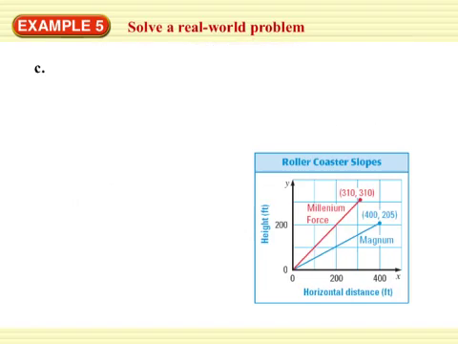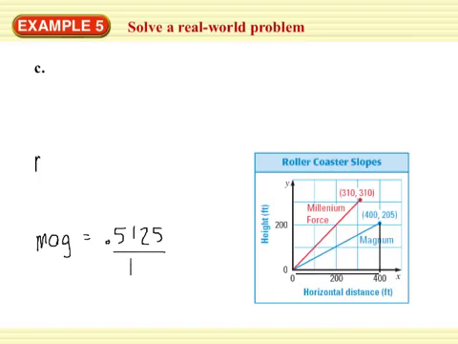All right, so this shows you what we're doing here. The Magnum, if you remember, we went 205 feet up and 400 feet forward. Our slope for the Magnum was 0.5125 over 1.